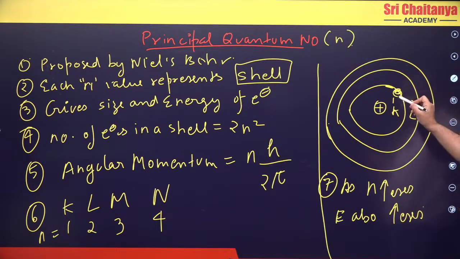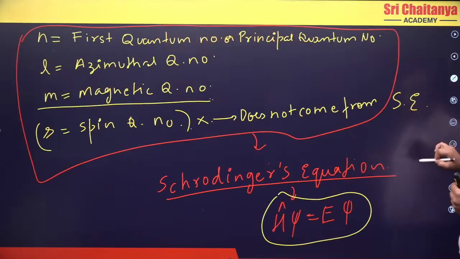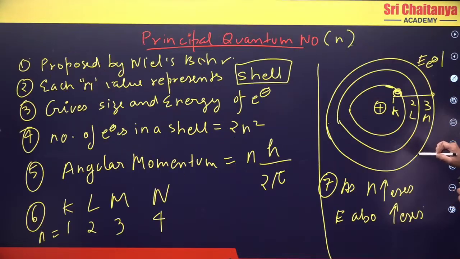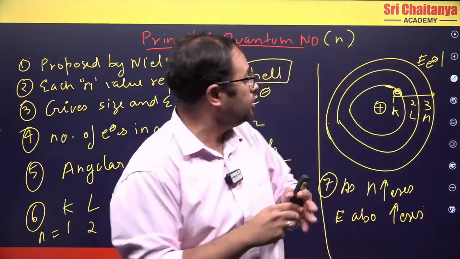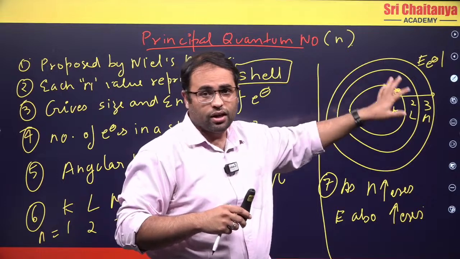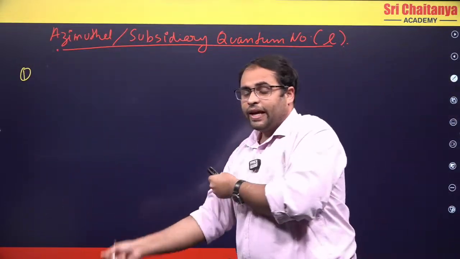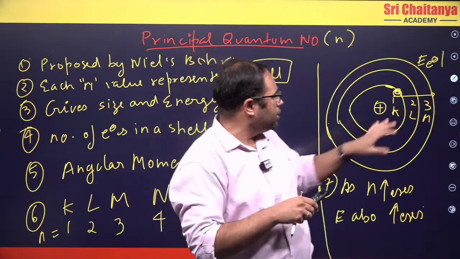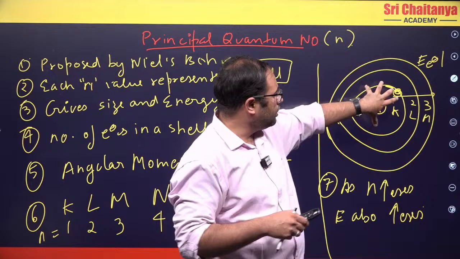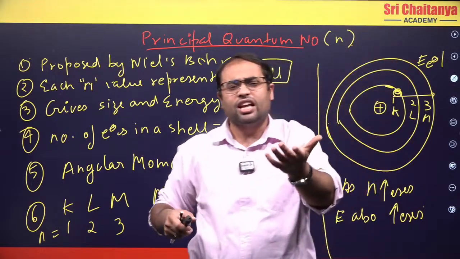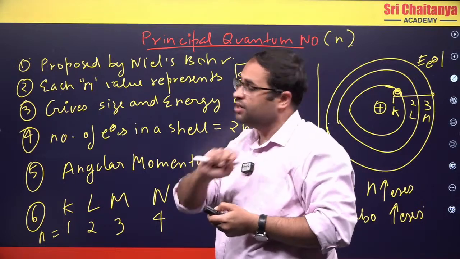As the value increases from 1 to 2, the energy of the electron will also increase. So an electron in the third shell will have a higher energy than an electron in the first shell. Now coming back to this. In a way n is also telling the size. This one is this much, the other one is a little bigger. So n is telling you the size and energy, remember.